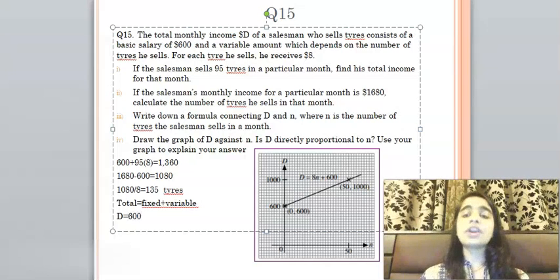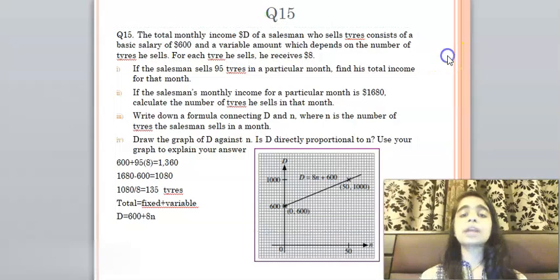And what about the variable? So variable depends on the number of tires he is selling. And for each tire, he is receiving $8. So if I'm saying that he is selling N number of tires, that means for N number of tires, he will receive the variable income 8N. So this will be plus 8N. So yes, we have made the formula.